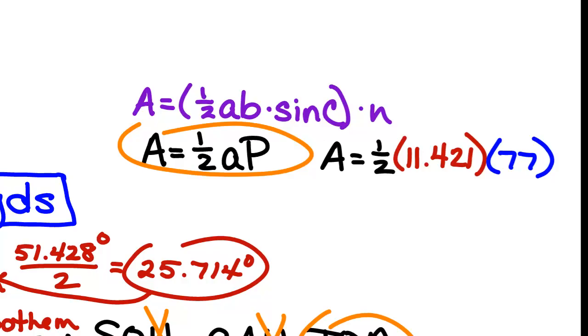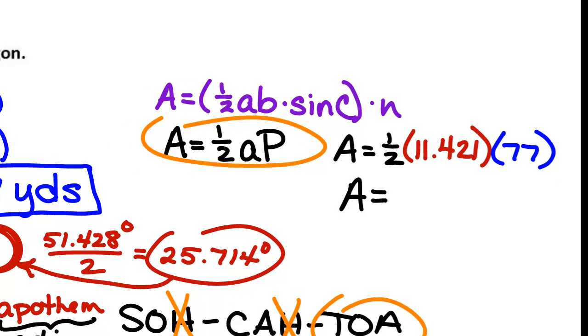So 1/2 times 11.421 times 77 gives us what for the area? 439.708.